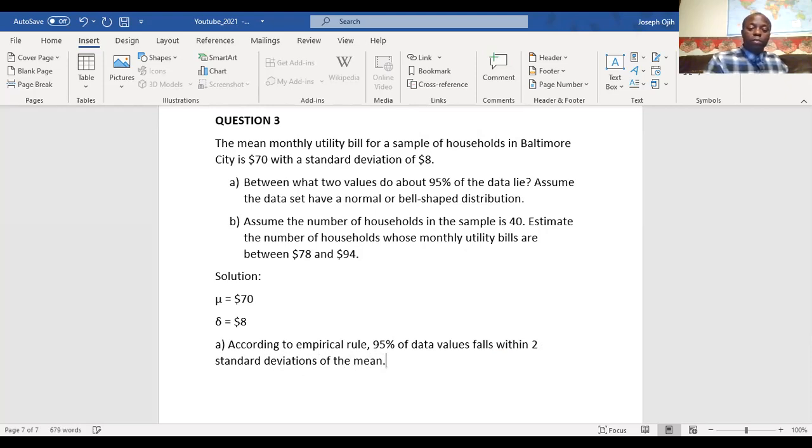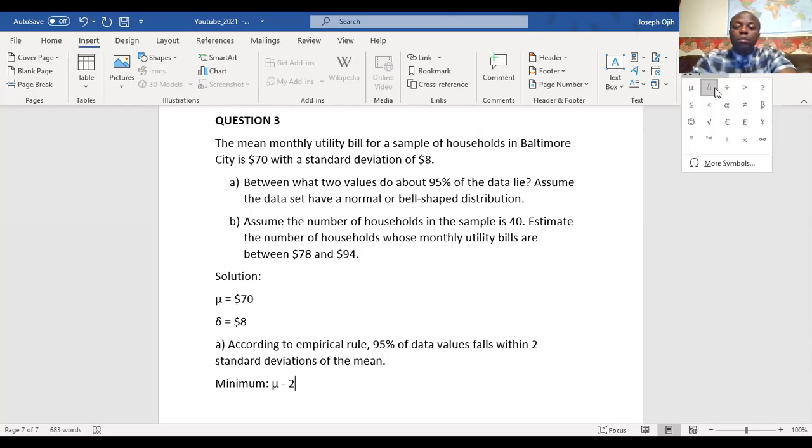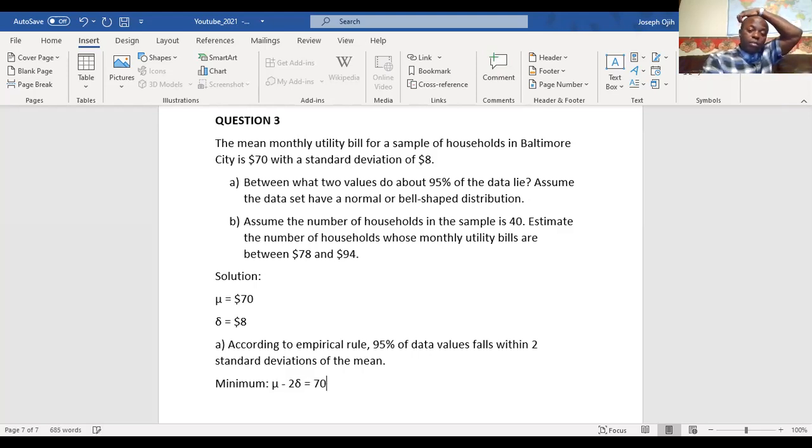So now we can use this. The first value, the minimum value, will become the mean minus 2 times the standard deviation, which is the mean of $70 minus 2 times the standard deviation of $8.